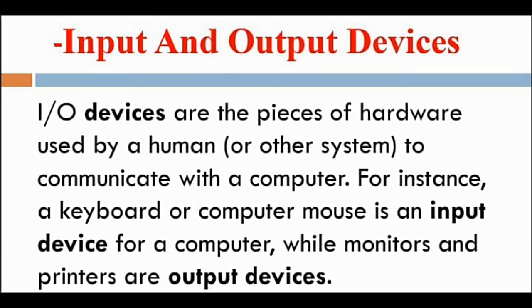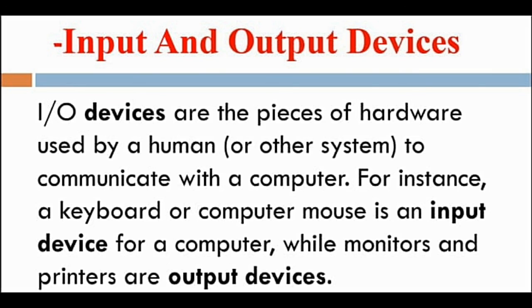The output devices are used for the results of the computer. Like you add the input or you give the instruction to the computer with the help of input device. Then the result of that input will be given by the computer with the help of an output device.